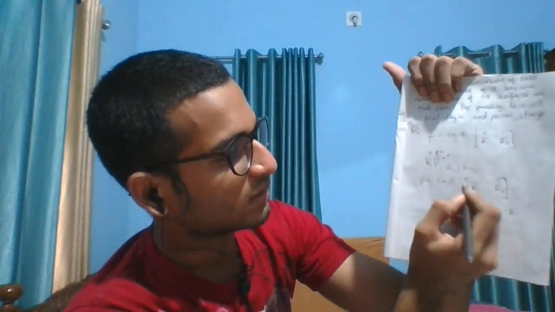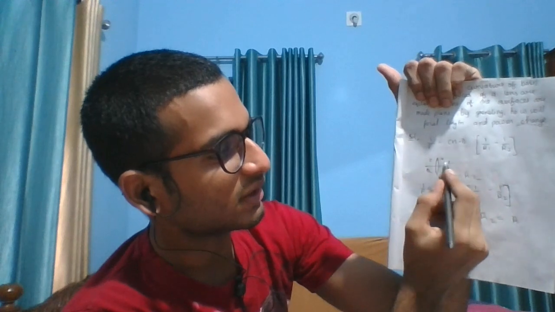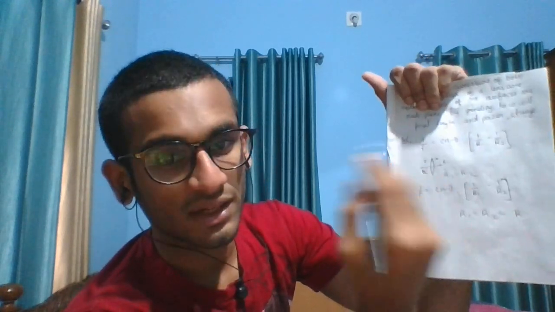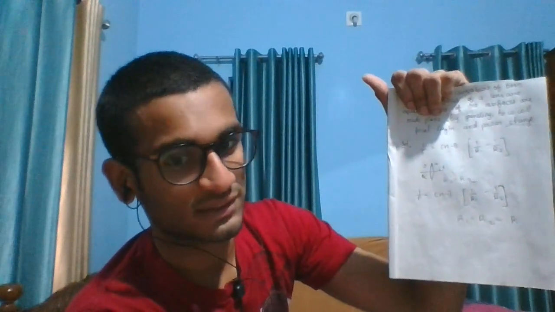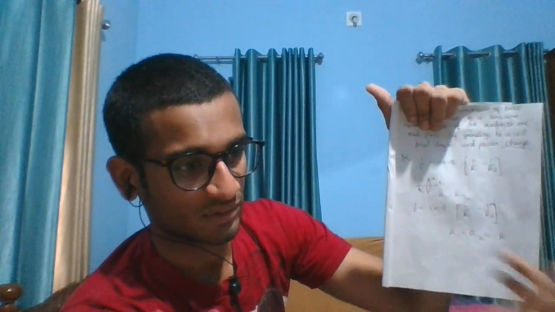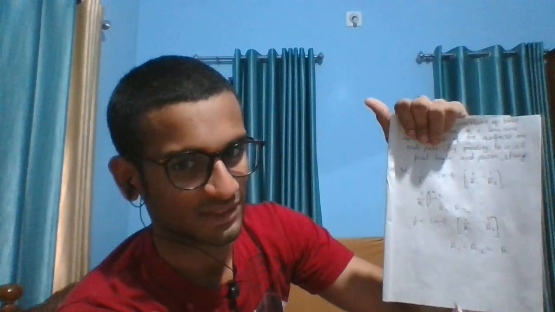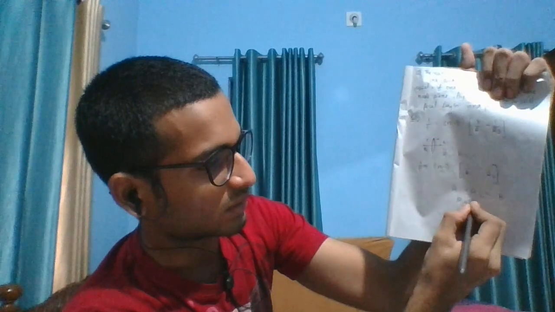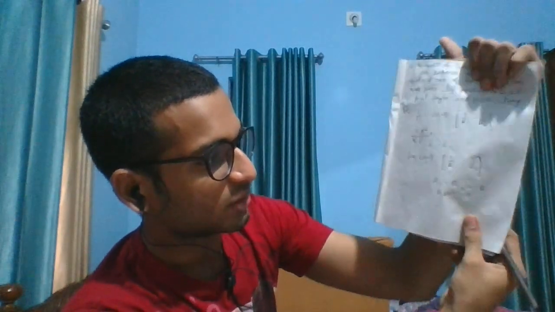Also you should see that here r2, the radius with respect to the second surface, is negative. Why? Because as per the Cartesian sign convention, anything on the left side is negative. You have to take it as negative. So r2 is negative.